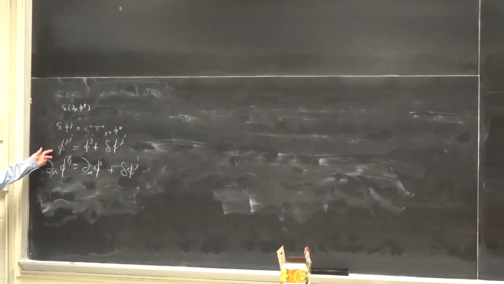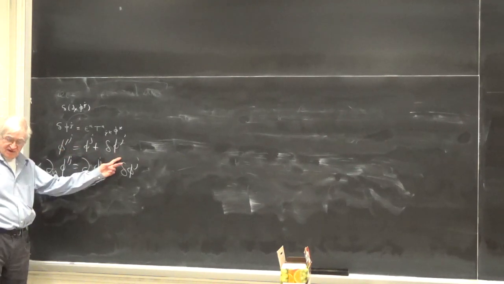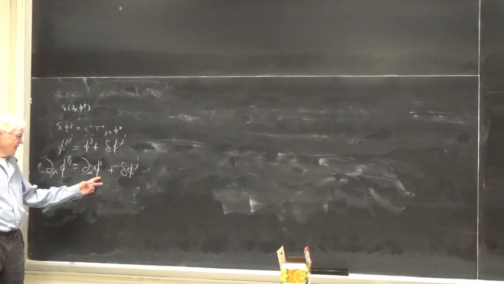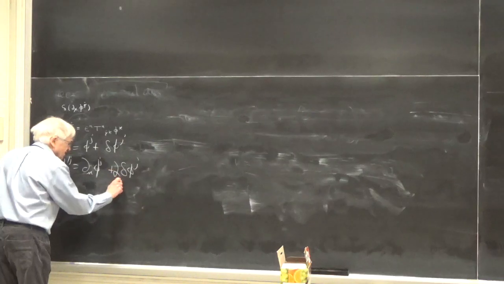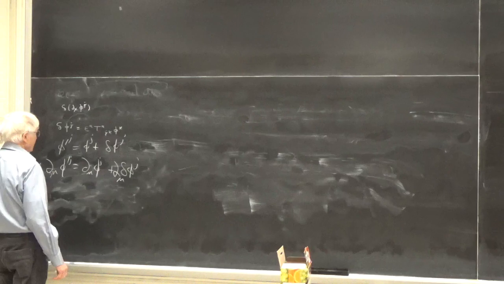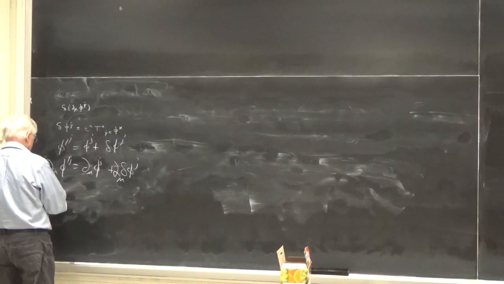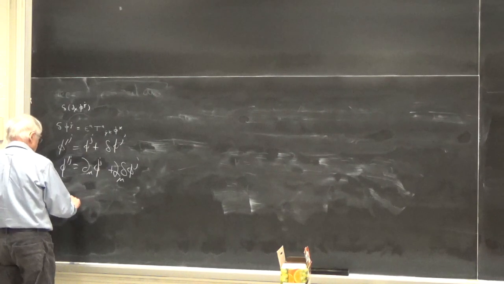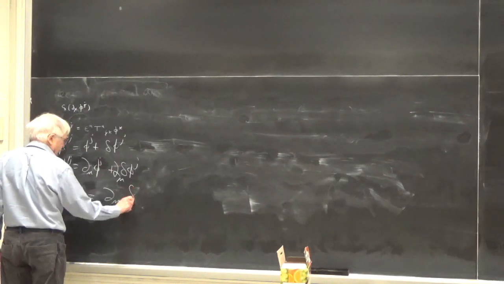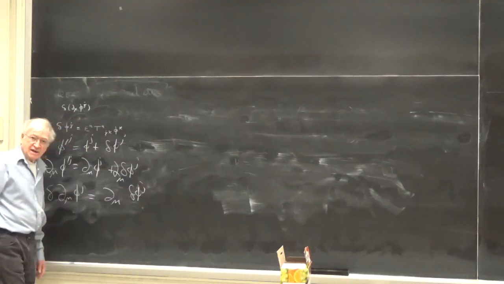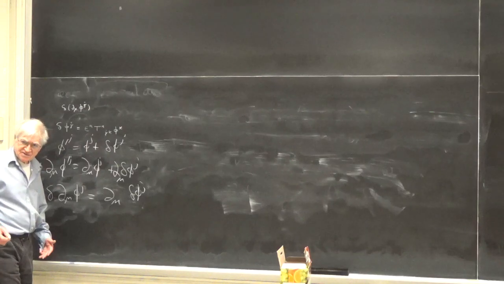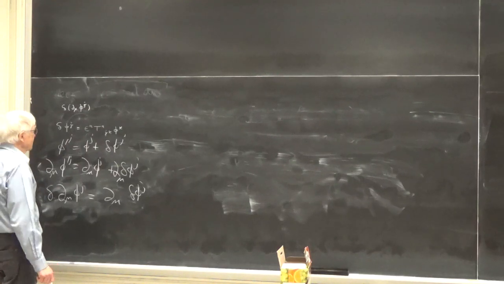So phi prime j is phi j plus the change in phi j. The derivative of phi prime j is the derivative of phi j plus the derivative of the change in phi j. And so the change in d mu phi j is the derivative of the change in phi j. I hope that answers your question.